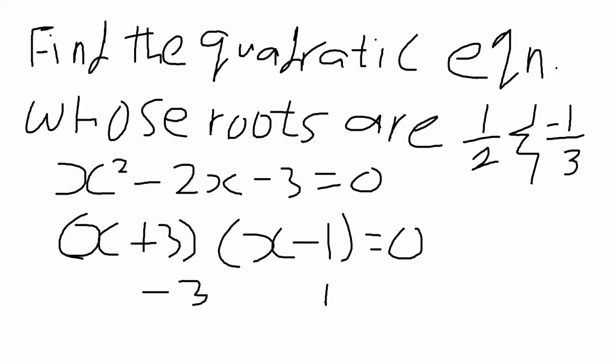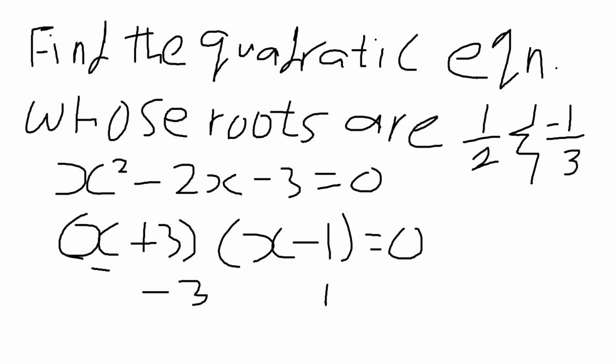Look at this. When we got x plus 3, we got negative 3 as our root when x plus 3 was our factor. That's telling us that it is only negative 3 that we can put in this position that will make the whole of this equal to 0.